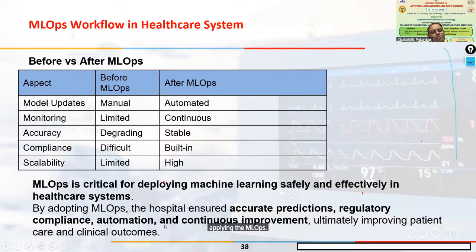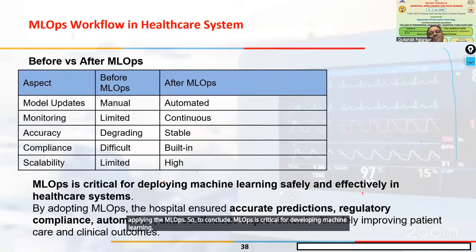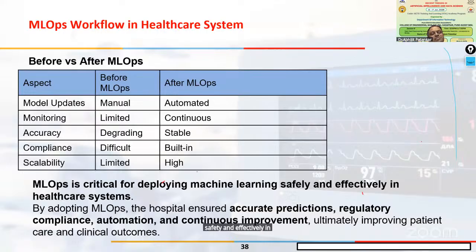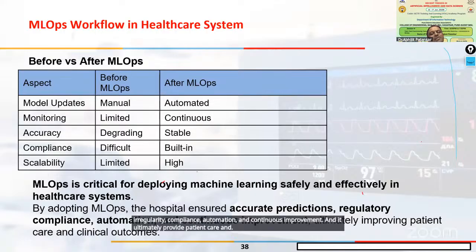So to conclude, MLOps is critical for developing machine learning safely and effectively in the healthcare system. It is very critical. By adopting MLOps, the hospital ensures accurate predictions, regulatory compliance, automation, and continuous improvement. And it ultimately improves patient care and clinical outcomes.